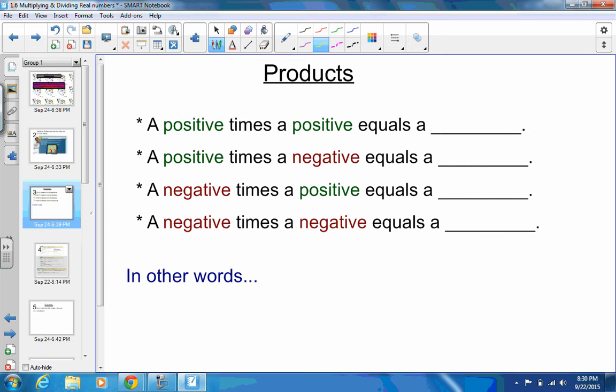That would be looking at this one and this one. Anytime you have one positive and one negative, the result will be a negative. If you have a negative times a positive, your answer is still going to be a negative. So no matter the order, if you have one positive and one negative multiplied together, the answer is going to be negative.